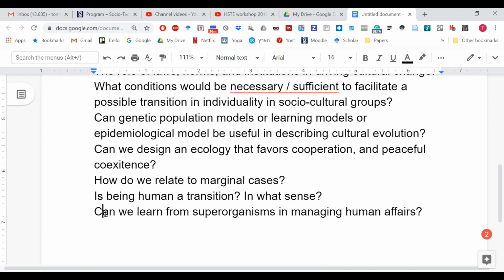Then you have what I call the recursive transitions. For example, a recursive transition is when you are making a new multicellular organism, but the unit from which you start is already a multicellular organism. So not a colony.